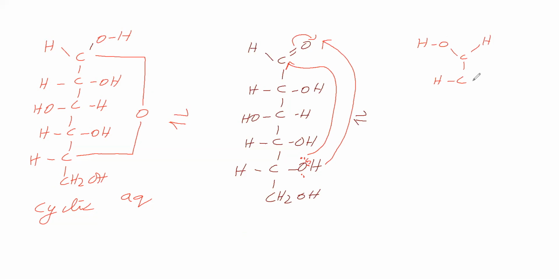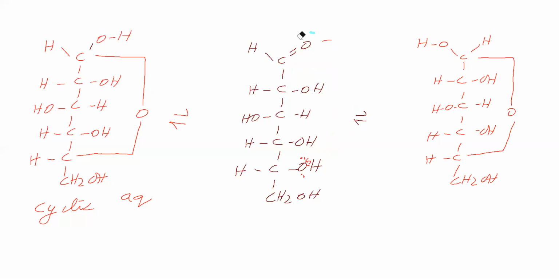It is the second carbon, the third carbon, then the fourth carbon, then the fifth carbon, with the ether linkage here, and it is the sixth carbon. Like this it is possible. Now, we will take an aqueous solution of glucose.